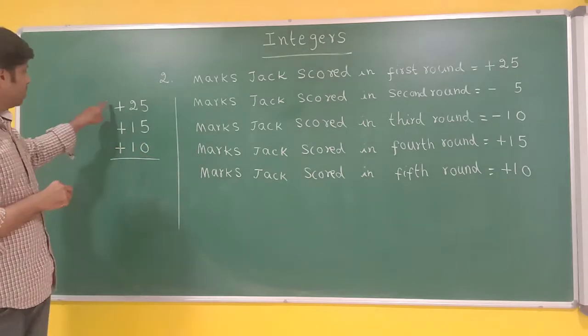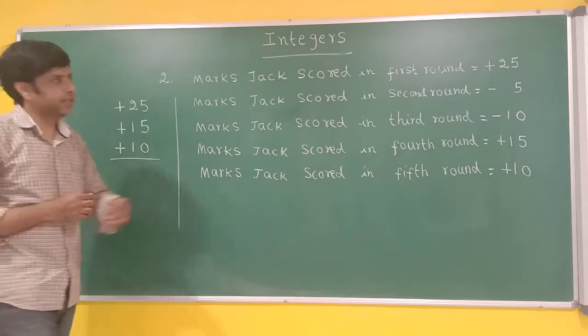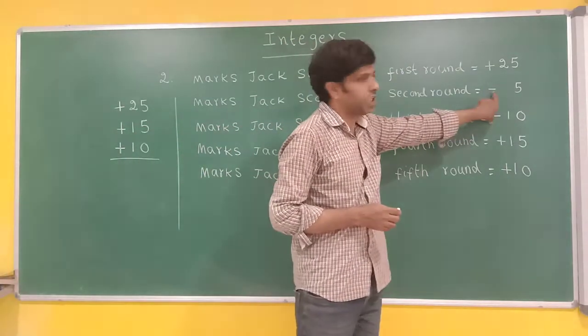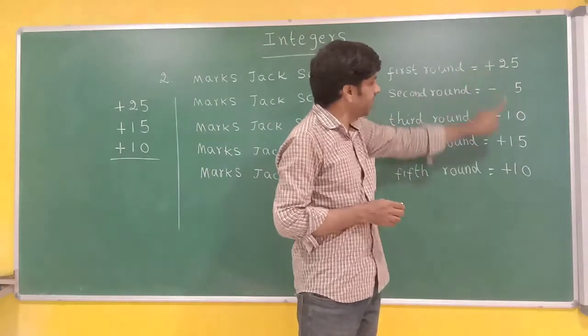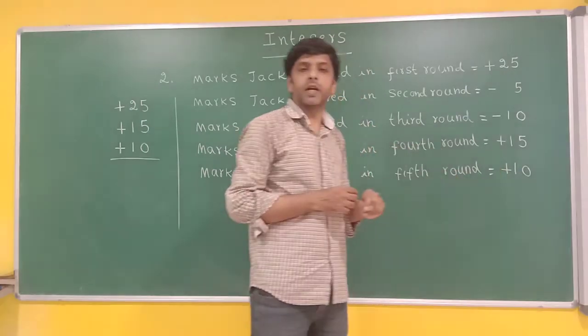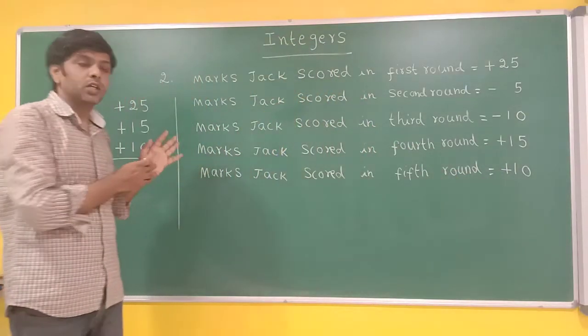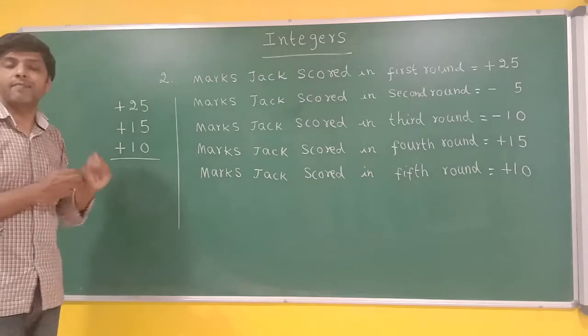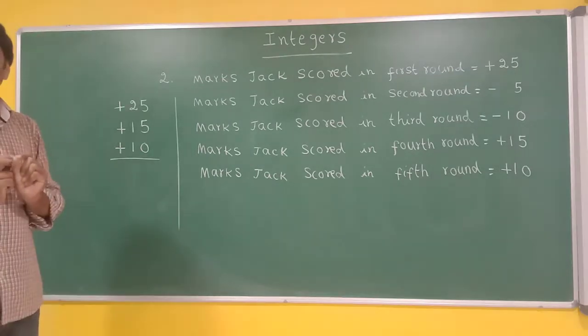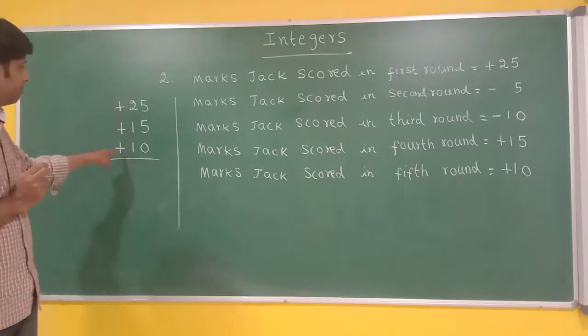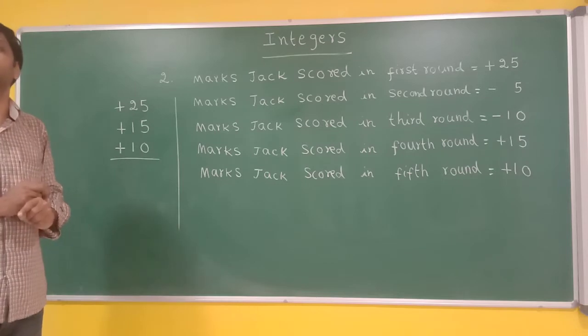Do you know why I wrote these three numbers separately? I did not include the other two numbers. I have written only the first, fourth and fifth numbers, separately, because those three have the same sign. All these three numbers have a positive sign.